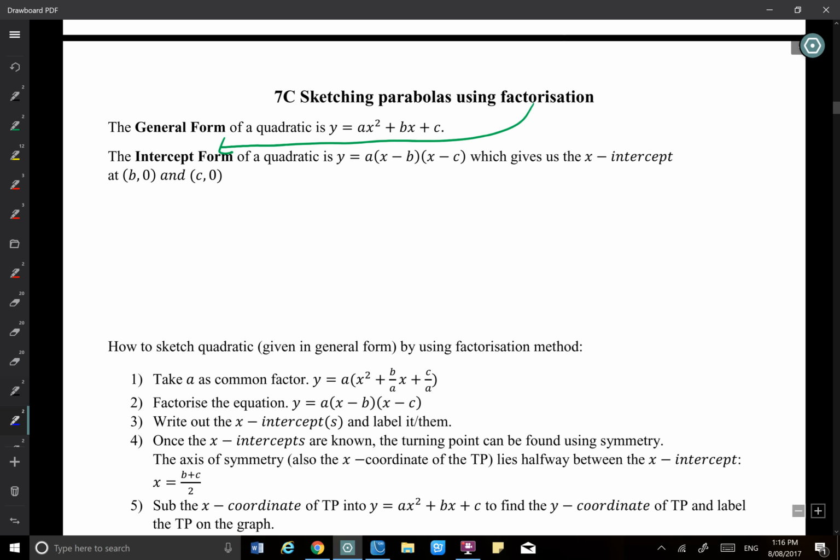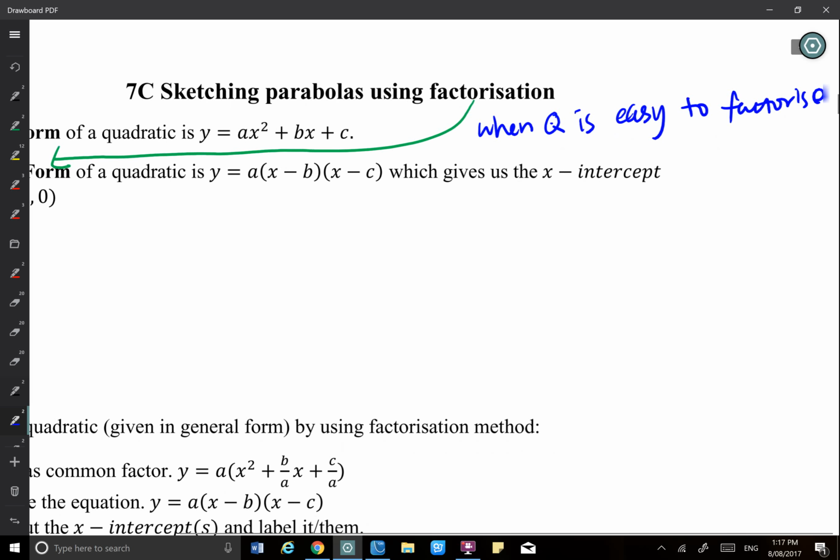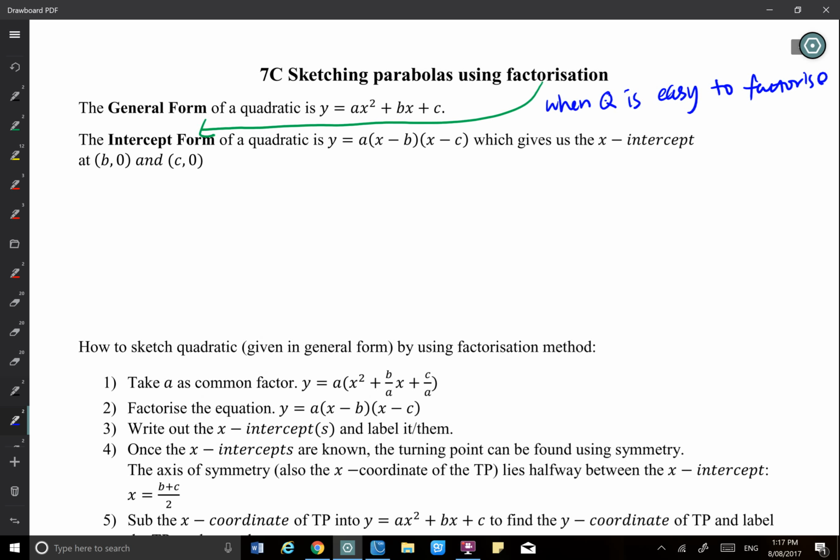We will use the x-intercept form to sketch when the quadratic is easy to factorize, when I can see it directly from the equation, or with one step I can know how to factorize it. Then we can use the factorized form to sketch the quadratic.